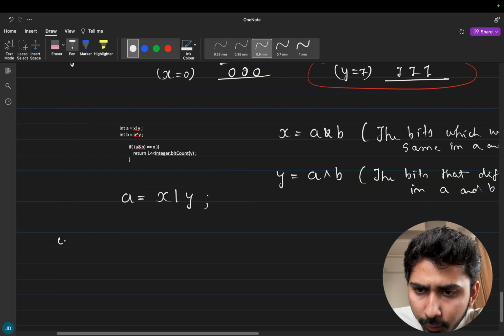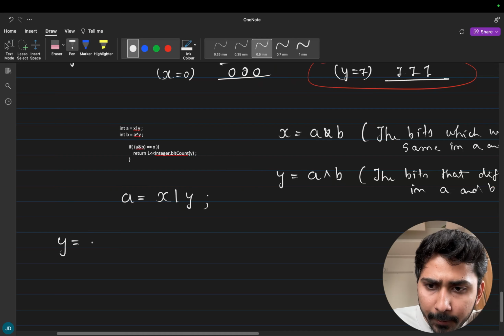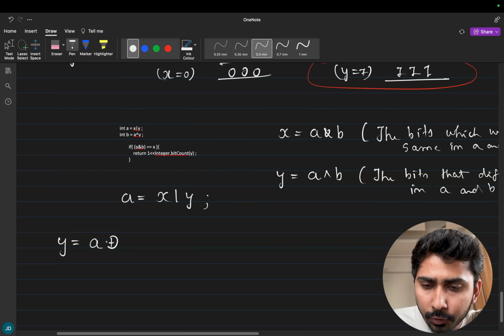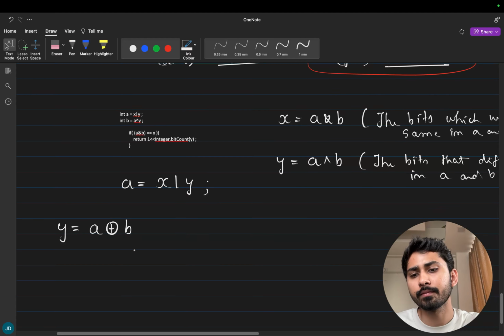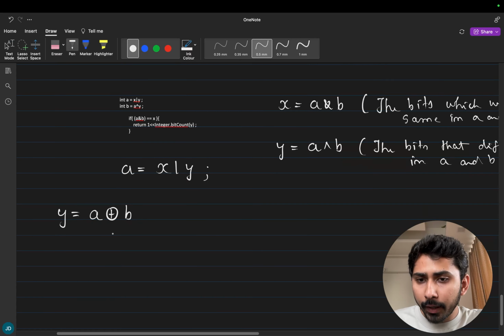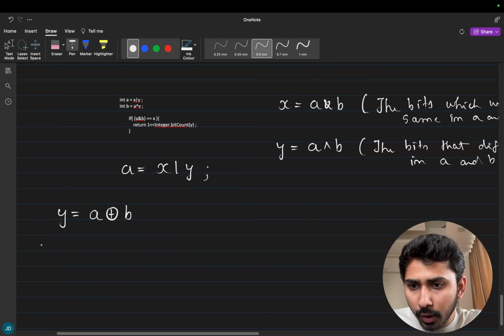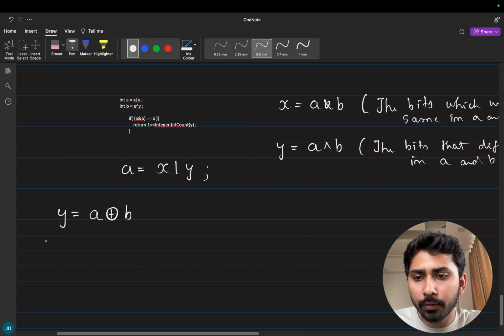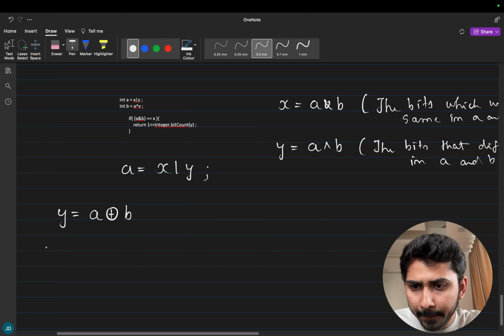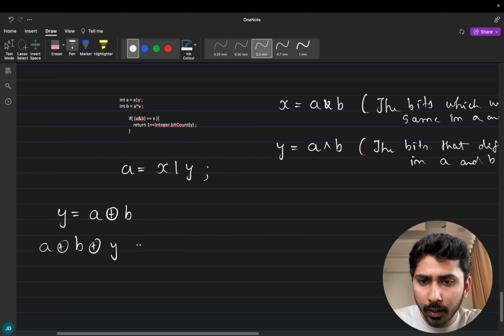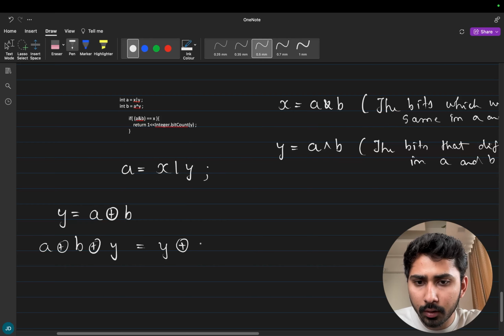So what is the formula of y? Y basically says that it is a XOR b. Now I want to find out the answer of b in terms of XOR. So I will apply XOR on both sides. Applying XOR with y on both sides, this will give you a XOR b XOR y is equivalent to y XOR y.